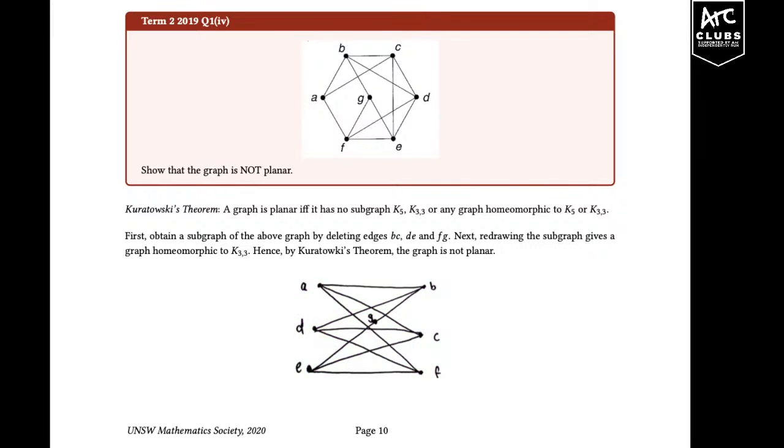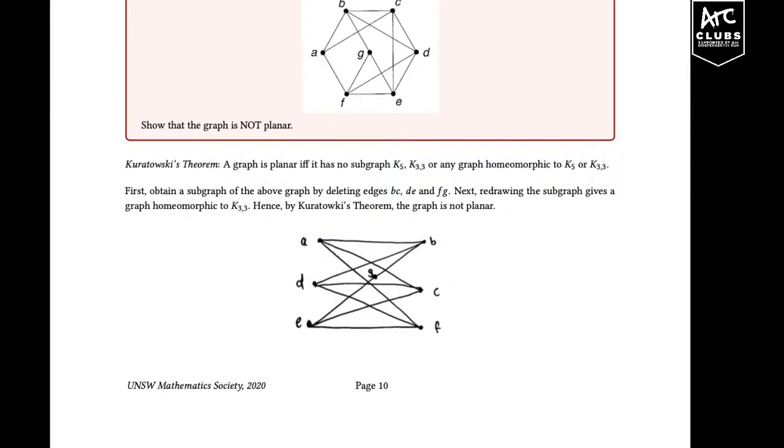This graph is homeomorphic to my complete bipartite graph because I have a vertex G here just attached onto my edge BE. So once you have this result, you can just state by Kuratowski's theorem that the graph is not planar, because this graph does contain a subgraph that is homeomorphic to K3,3.